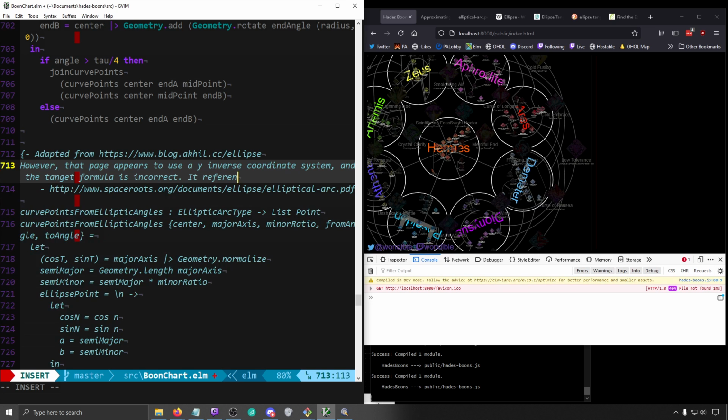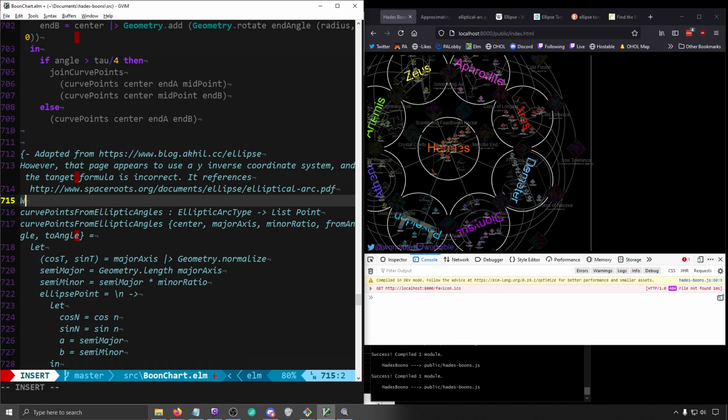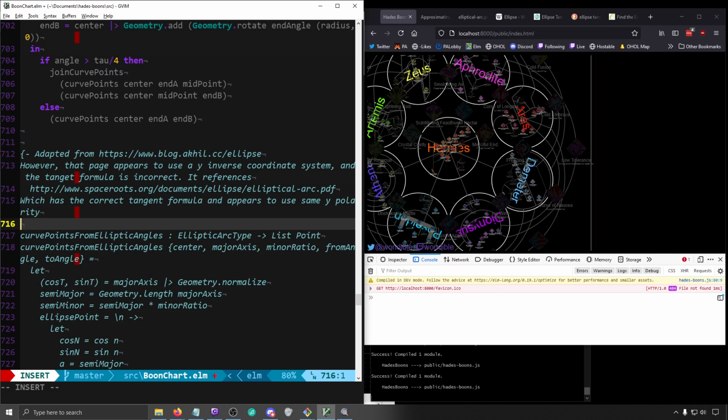It references another page which has the correct tangent formula and appears to use the same y polarity.